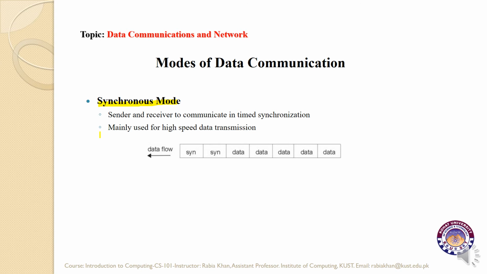Those timing signals are generated by the electronic clocks within the electronic devices in order to ensure that the transmitter and the receiver are synchronized with one another. So the important aspect of synchronous mode of communication is that sender and receiver have to communicate in a synchronized fashion. For that, they have to synchronize their clocks before sending and receiving data.